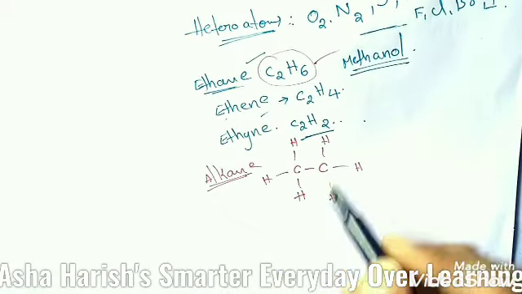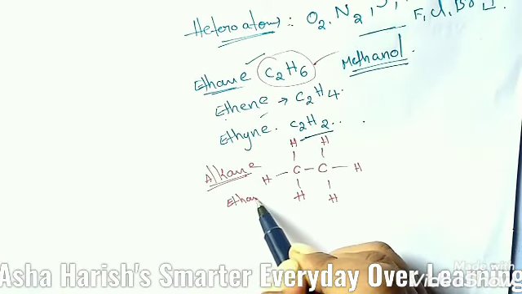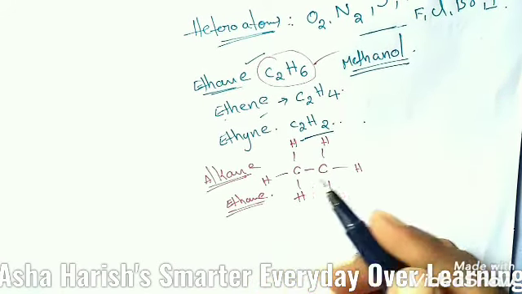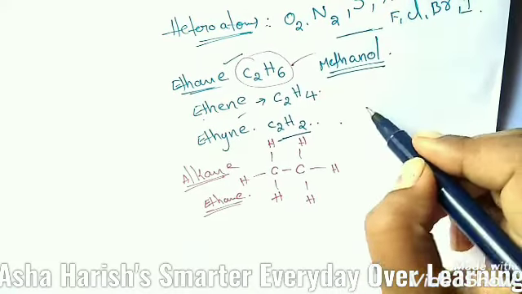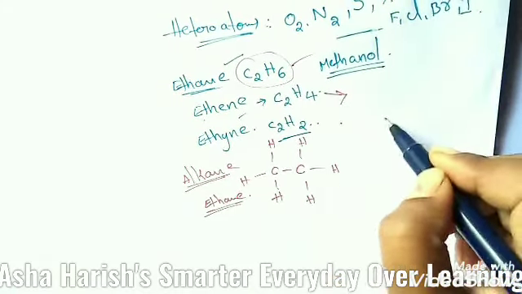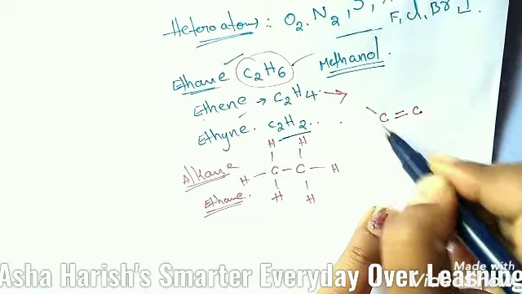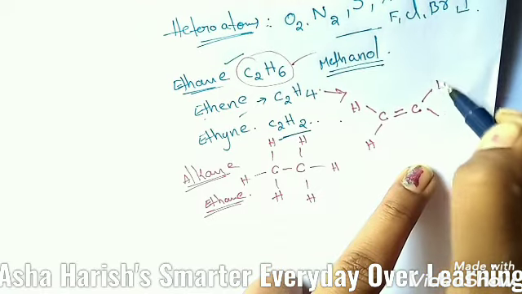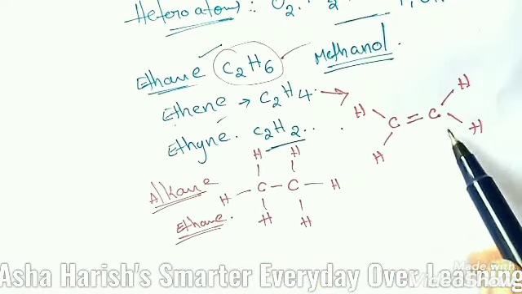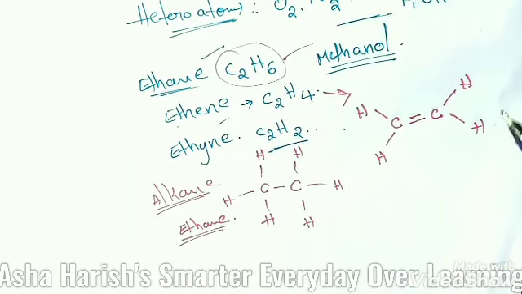Then the formula is C2H6, ethane. And the next one is the ethene molecule, C2H4, C double bond C, with two hydrogens around each carbon.